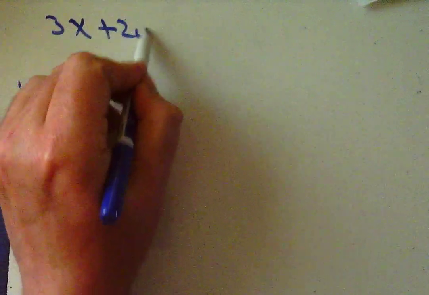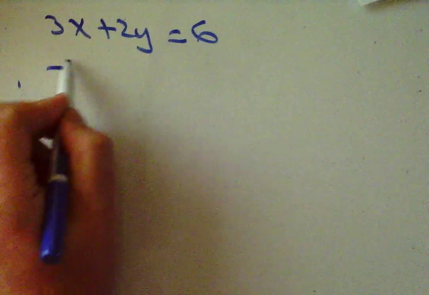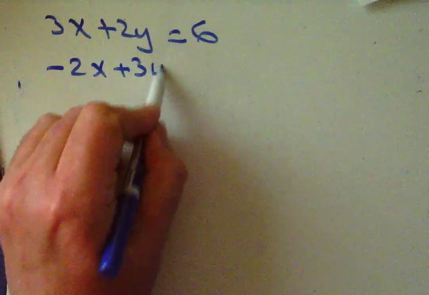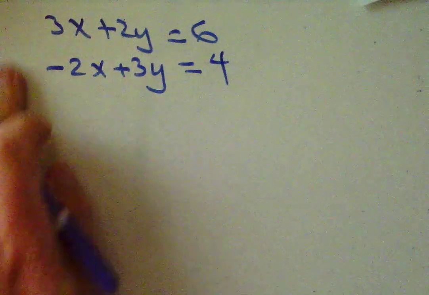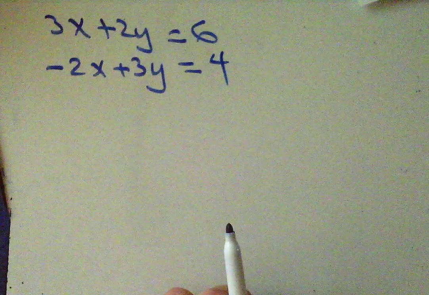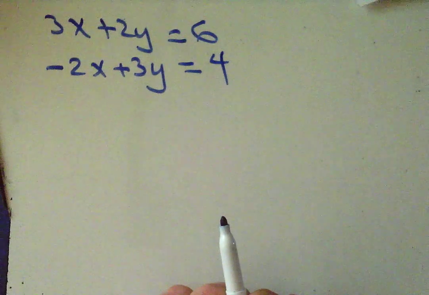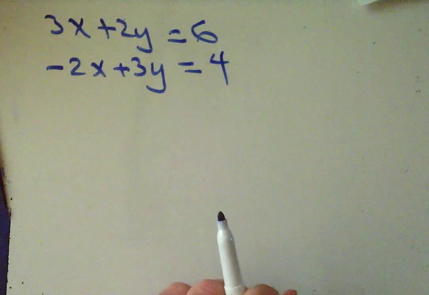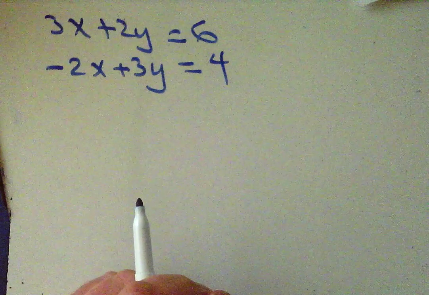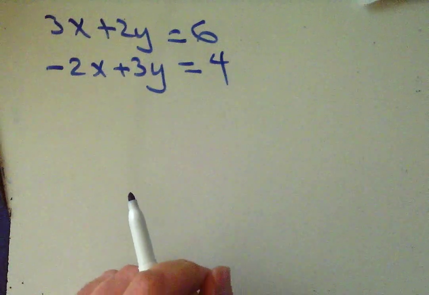Okay, next. Let's take a look at some lines. 3x plus 2y equals 6. Negative 2x plus 3y equals 4. Here I have two lines. They're both in standard form. And my question is, are they parallel lines, perpendicular lines, or neither?